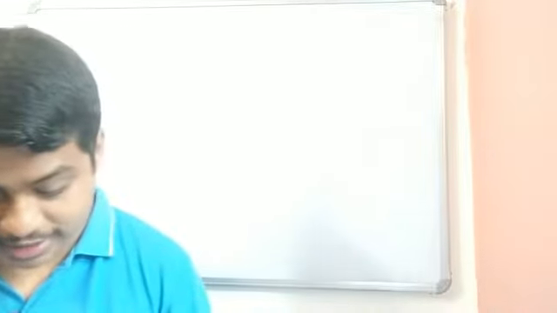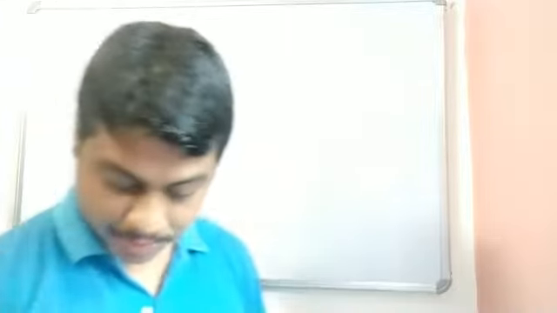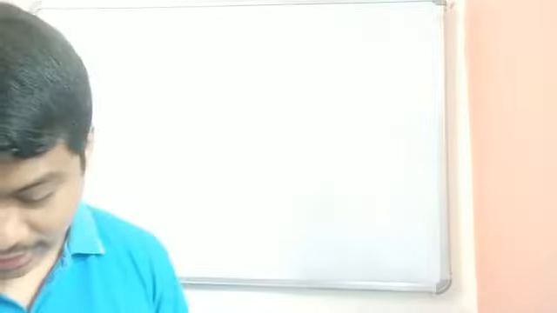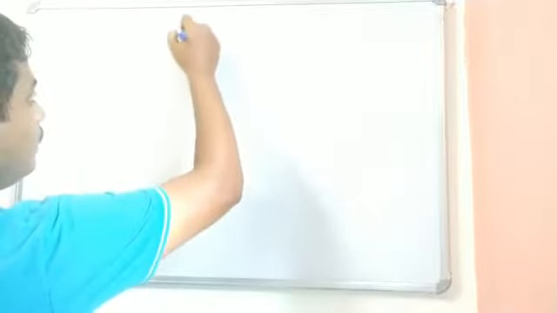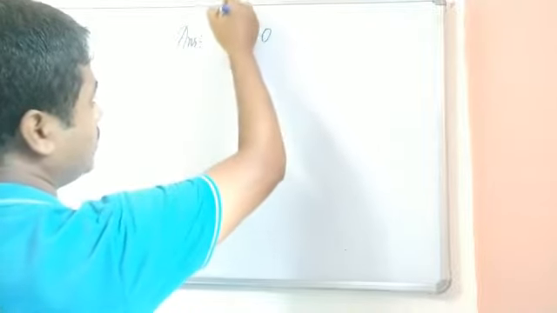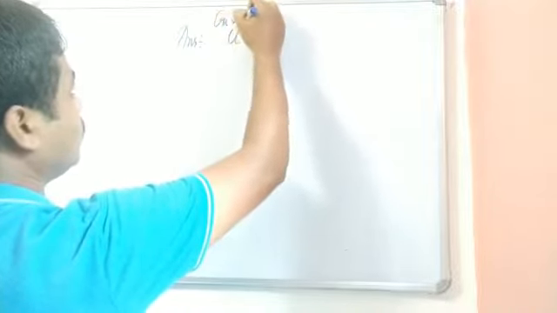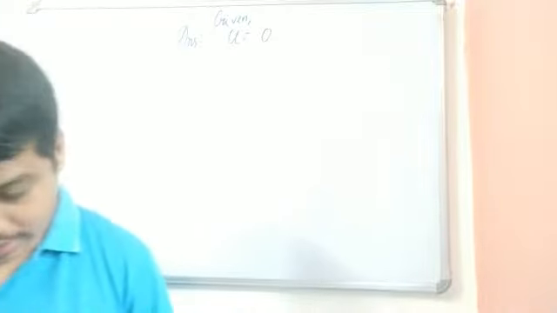The first question, as you can see on the screen: a car starts from rest and acquires a velocity equal to 36 km/h after 10 seconds. Calculate the acceleration of the car. In the question it is given that the car is starting from rest, so your initial velocity will be 0.